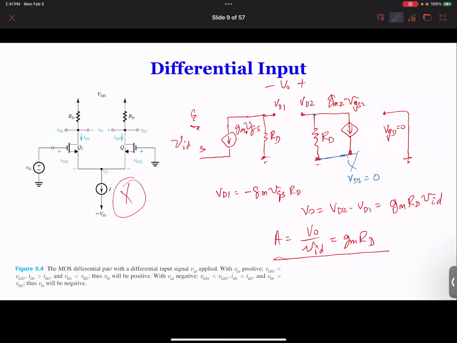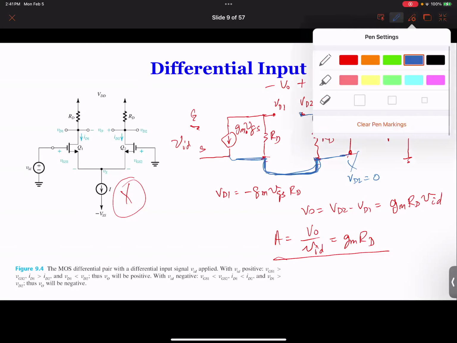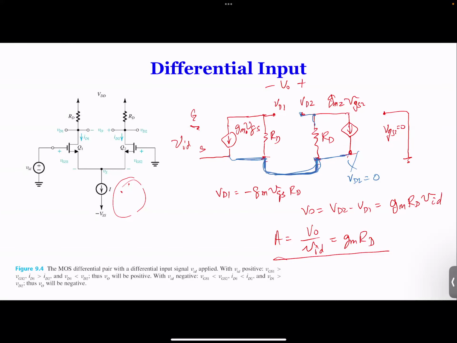They are connected. So because they're connected, there's no current on the other hand. So basically, I can draw this circuit in a different equivalent circuit.